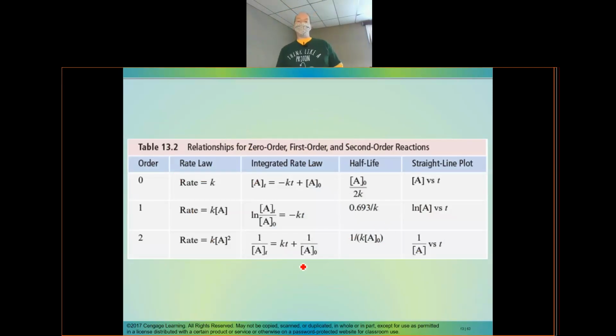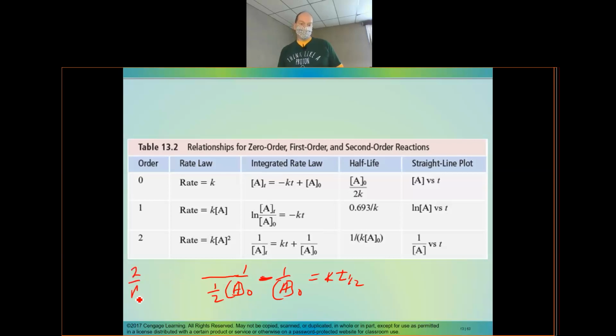All right, and if you did the same type of thing for second order, you have 1 over A at time t. You do exactly the same thing that you did for first order, but now for second order, which means my A at time t is exactly 1/2 of my initial concentration of A. Then you do the math.